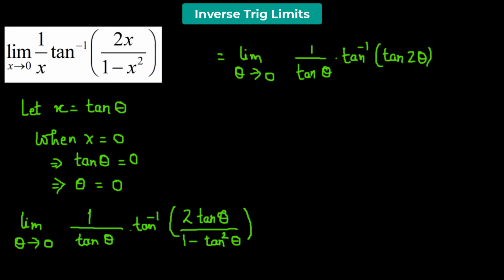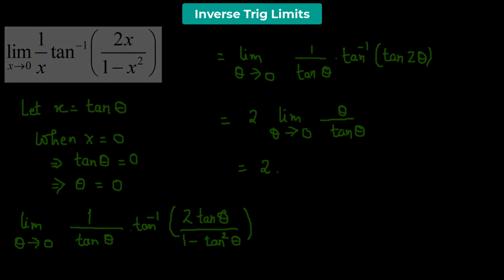So tangent inverse of tan 2 theta is going to give us 2 theta, 2 being a constant. We can take it out of the limit. So we have limit theta going to 0, theta divided by tangent of theta. So the limiting value of theta over tangent of theta is 1. So that leaves us with 2. So this is going to be the limiting value of the given function when x approaches 0. Let us do another problem.